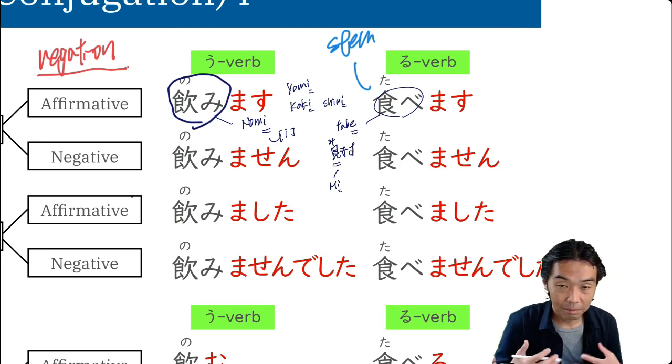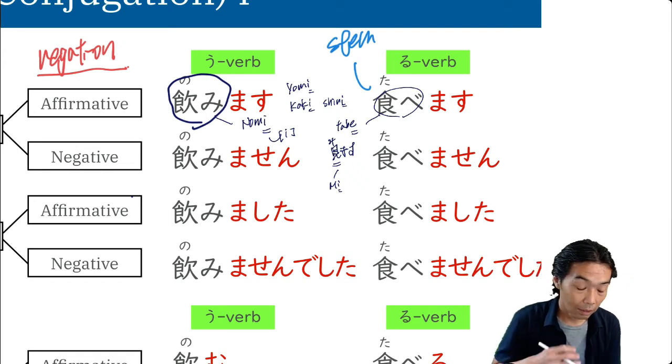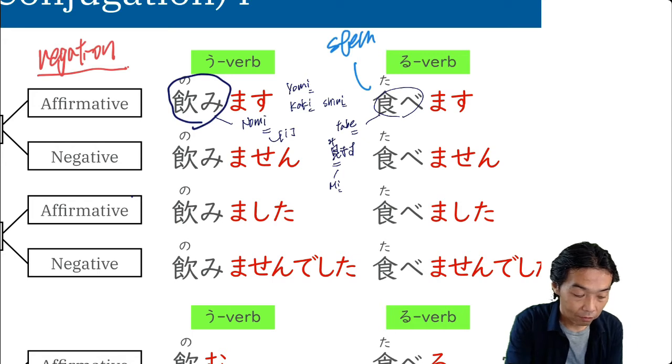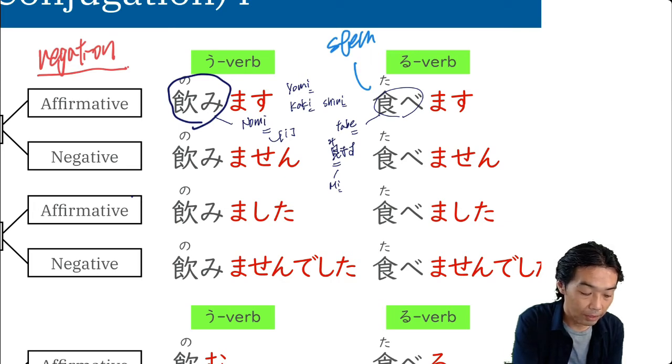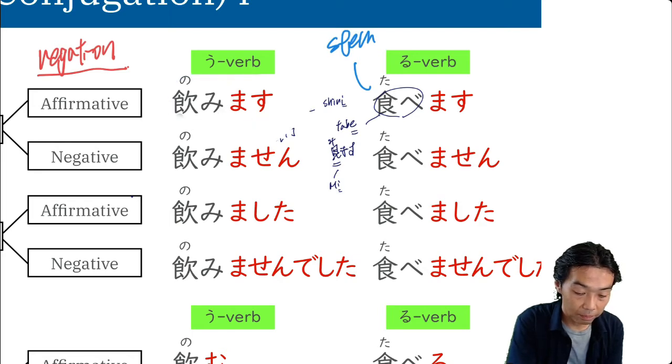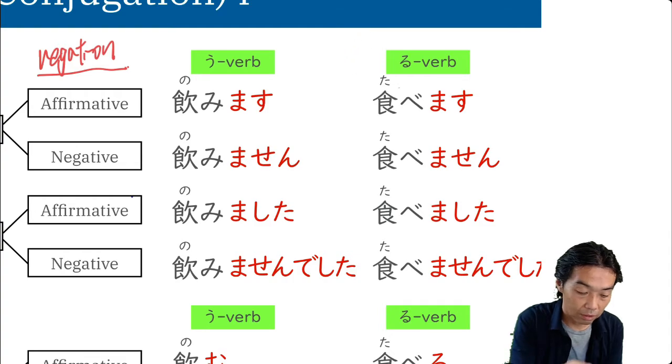But that's a good diagnosis to see if it's verb or verb. And then eventually you have to just memorize. When you get a new vocabulary, a new verb, you have to also memorize if it belongs to verb or verb. So that's the 3 verb types.